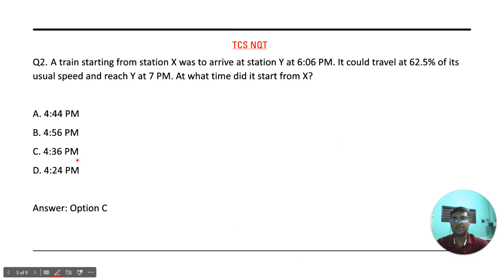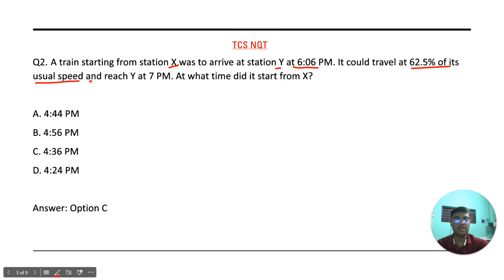The question says a train starts from station X to arrive at station Y at 6 p.m. It could travel at 62.5% of its original speed. This line says that it could travel at 62.5%.